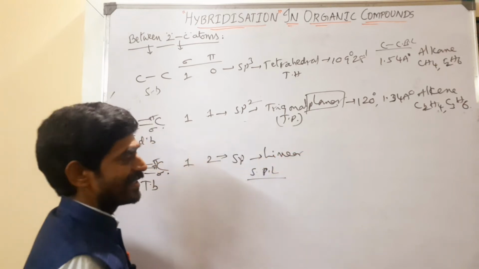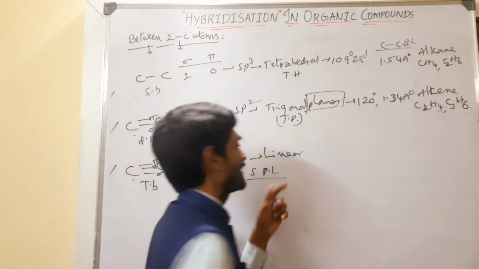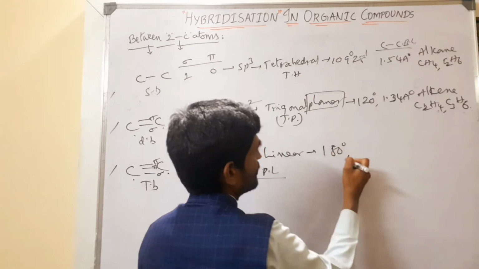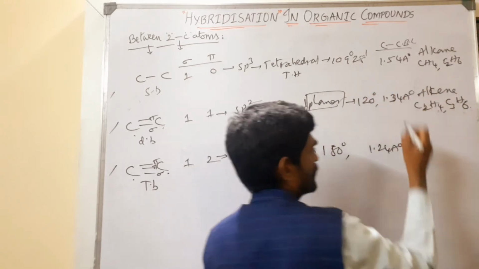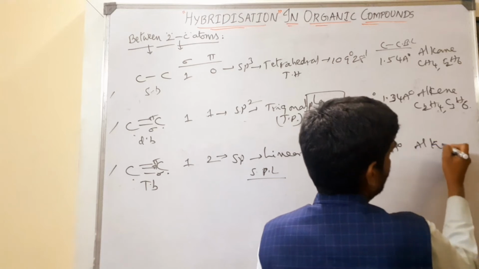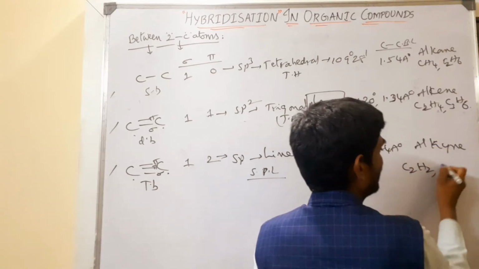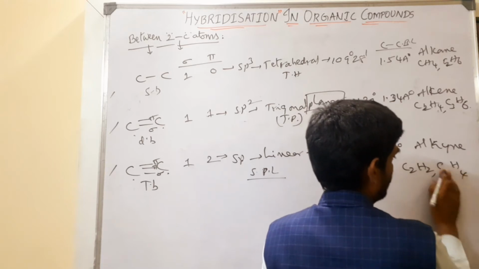The bond angle is 180 degrees and the carbon-carbon bond length is 1.24 angstroms. It is found in alkyne molecules, like C2H2, ethyne, and C3H4, propyne, like this.